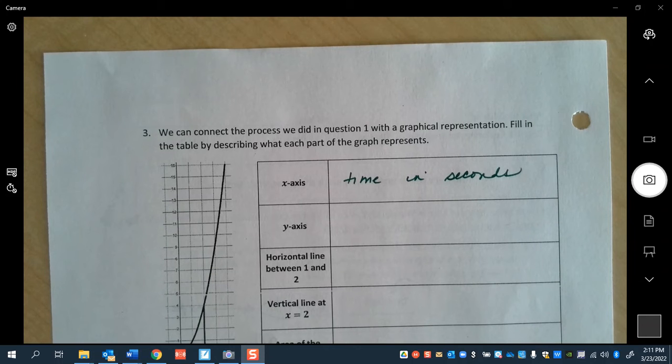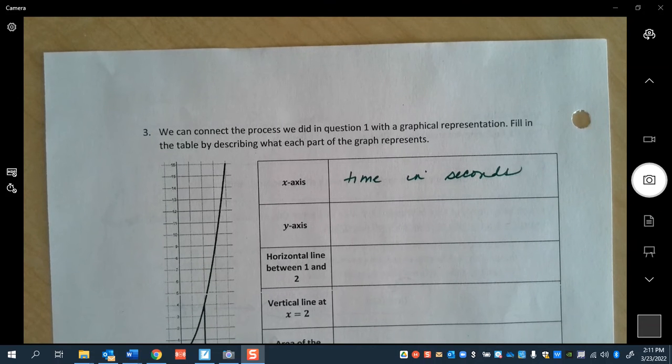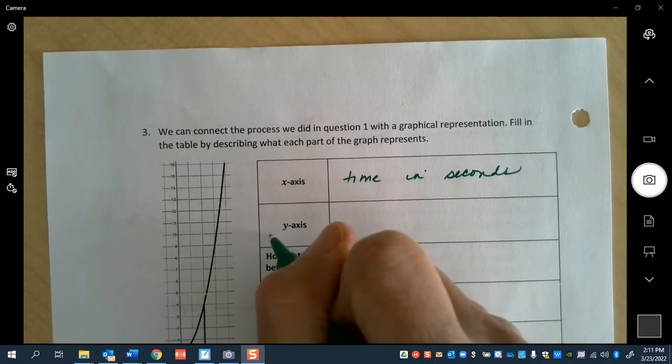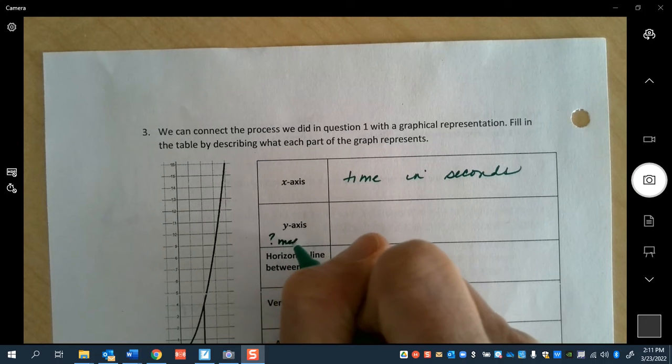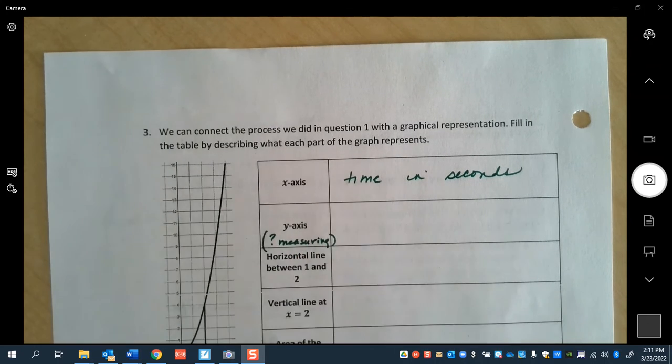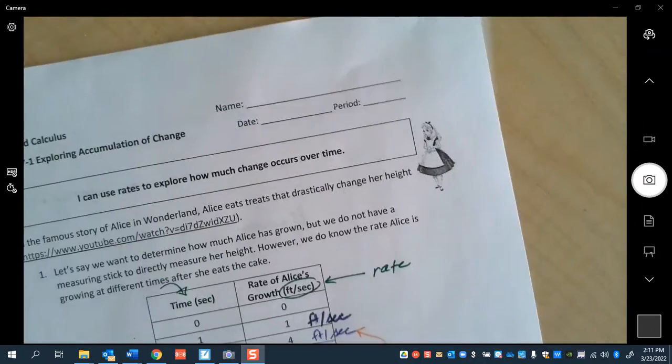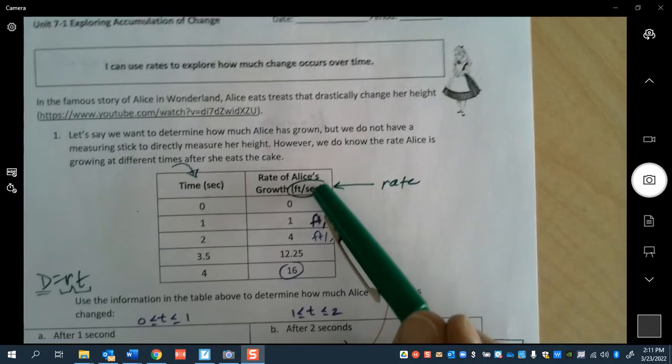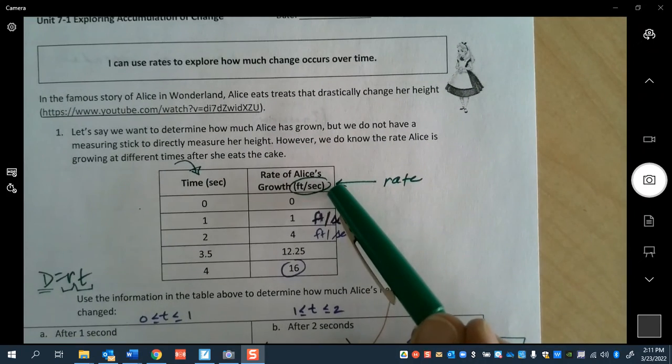So when you look at your y-axis, that's going to be what it is that we're measuring. Your y-axis is always, what are you measuring? What is your output? So go back to your table and ask yourself, what is it that I'm measuring? Am I measuring height?